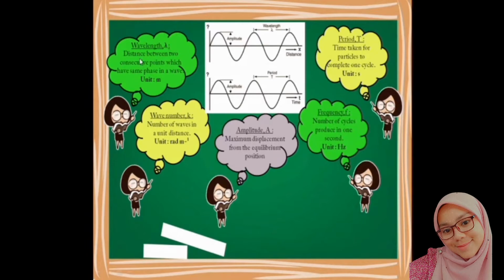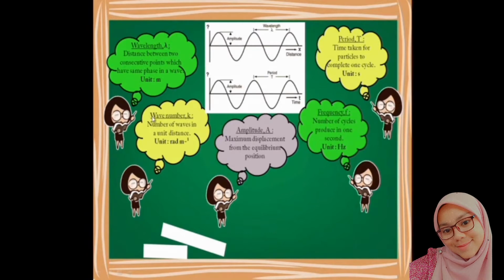So wavelength is the distance between two consecutive points with extreme phase in the wave, and the unit of lambda is meter. So where is the wavelength? Wavelength is found from the initial position to the one complete cycle. Here is also known as wavelength, or from peak to peak, also known as wavelength, or from trough to trough, also known as wavelength.